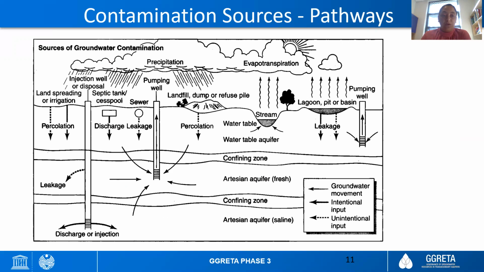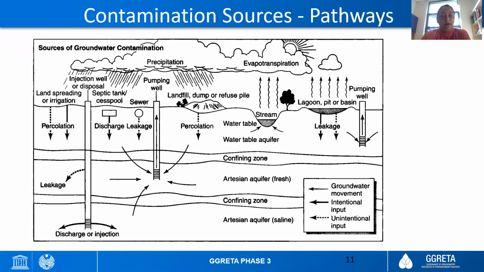There are many sources that sit on the surface that come into contact with our rainfall, or sit in basin type structures, or are in contact with our surface water bodies. And these are all able to get into our groundwater via percolation, leakage, discharge, and interaction with the different water bodies.